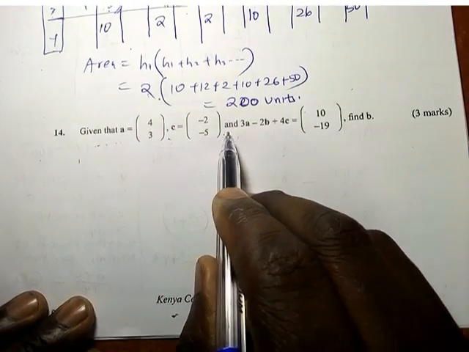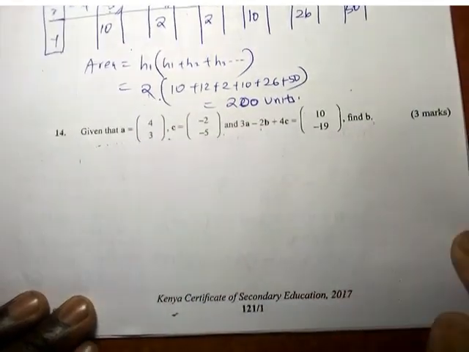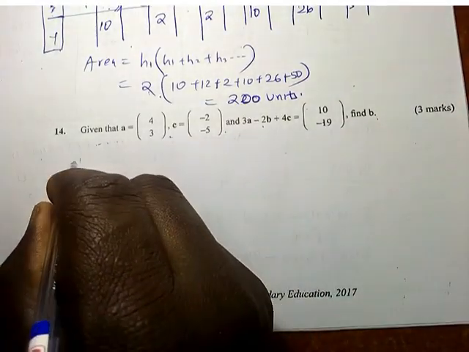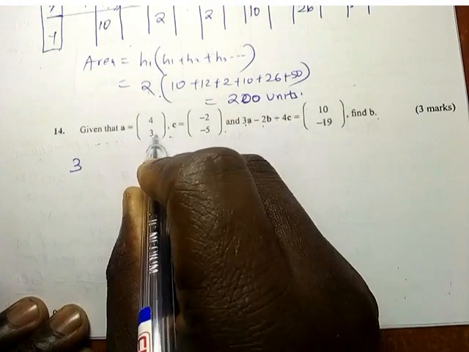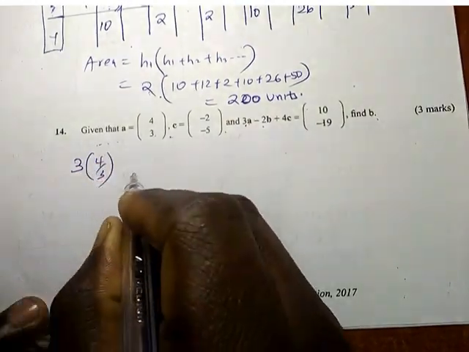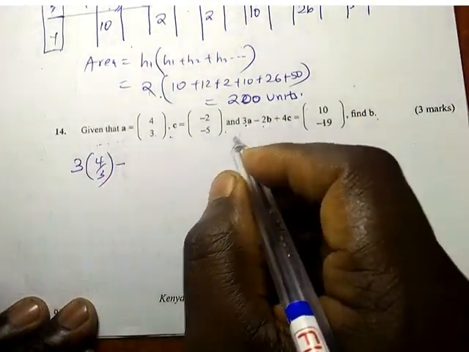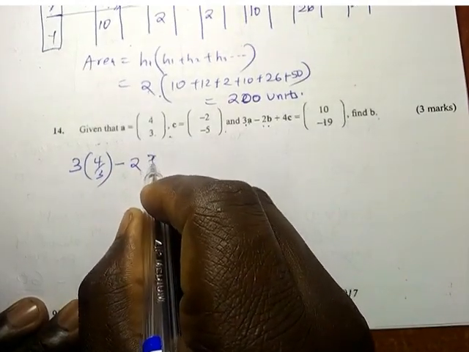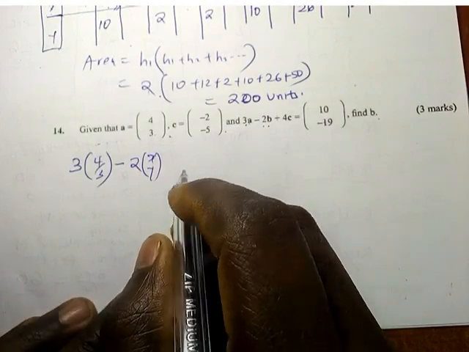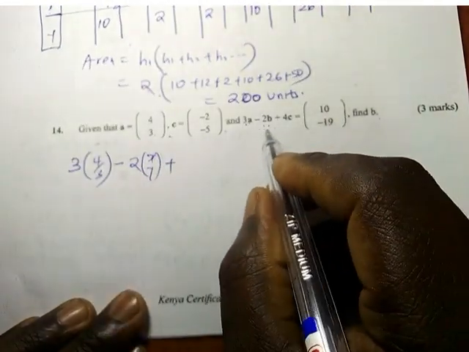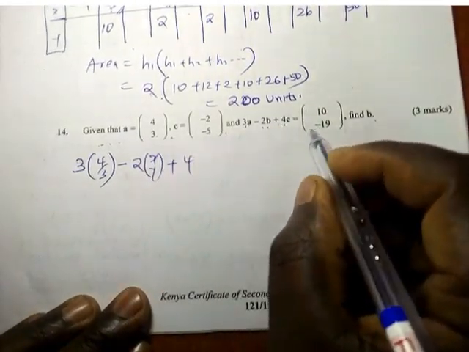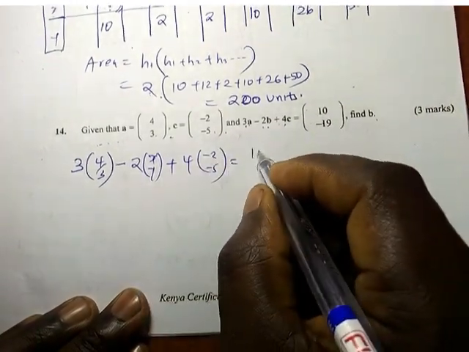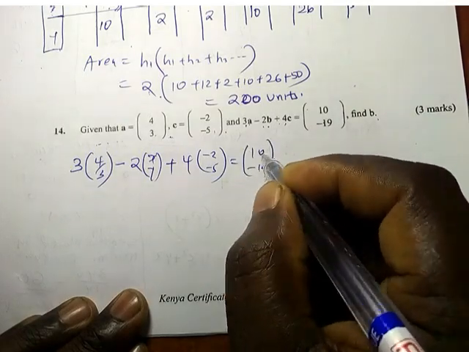Given that this one is this and this is that, find B. We are finding B. So 3a, instead of a we put this 4 over 3 into minus 2b. So b could be xy plus 4c, and this is here, negative 2, negative 5, will be 10, 19.